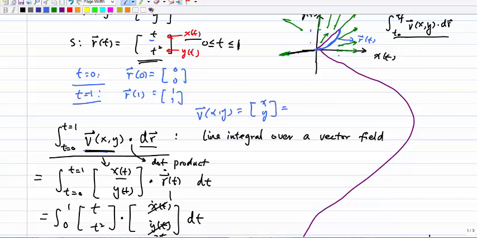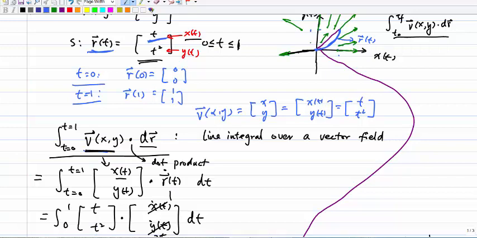What is x? In my line, x(t) is t, and y(t) is t squared. So we replace x(t) and y(t) by the representation in the line: t and t squared.